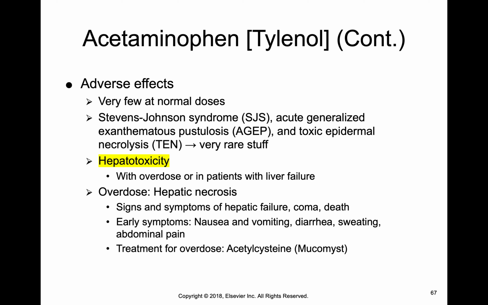Taking a whole bottle of acetaminophen, which is way over 4,000 milligrams, will cause hepatic necrosis, and that will cause your liver to die. And the treatment for that overdose is acetylcysteine or Mucomyst.